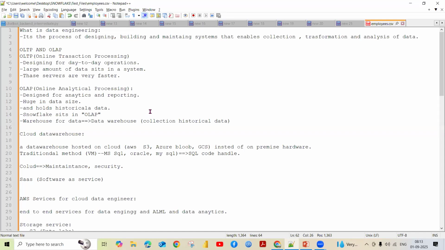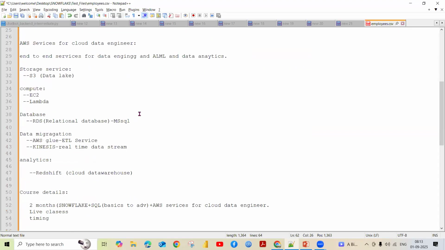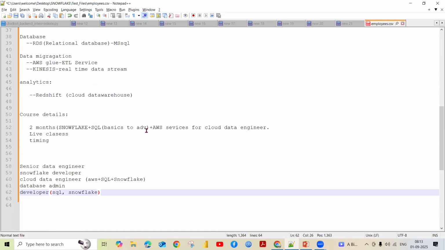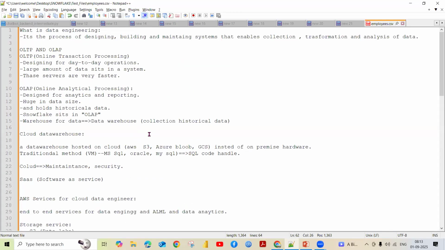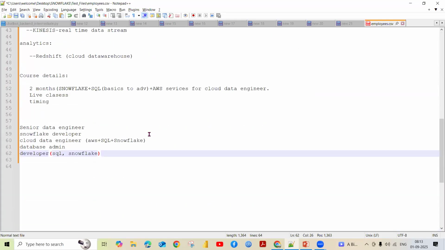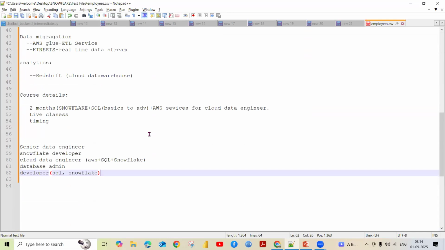Is there any other doubt? The regular sessions and the dates at which the course will start will be informed by the admin team. Timing can be 7:30, mostly in the morning.